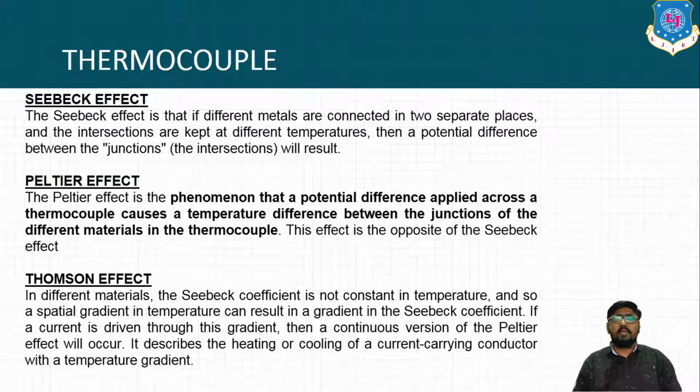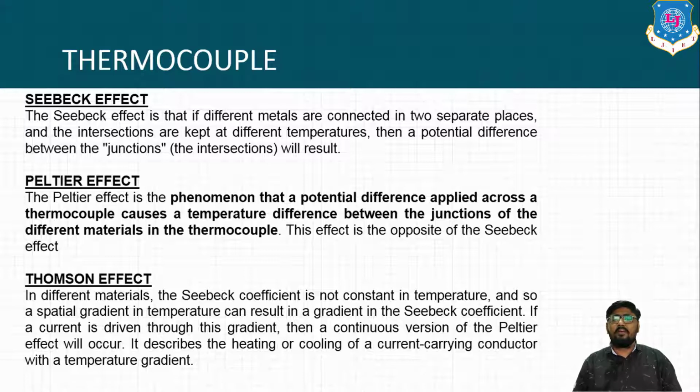What is the Seebeck effect? The Seebeck effect is that if different materials are connected in two separate places and the intersections are kept at different temperatures, meaning we are generating thermocouples, one at a hot junction and another at a cold junction, then a potential difference between the two junctions will result. So that effect is known as the Seebeck effect.